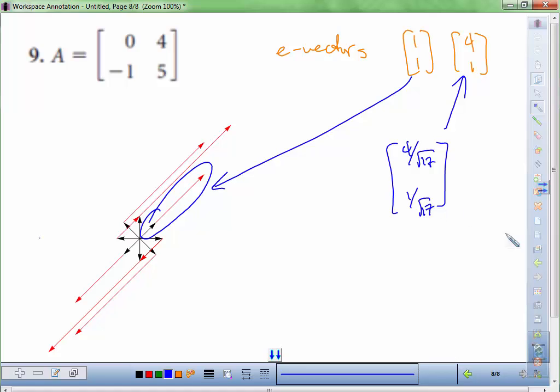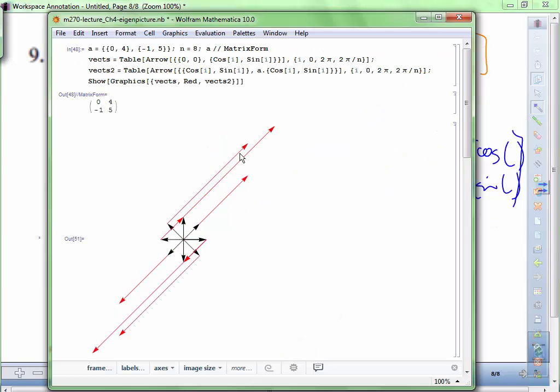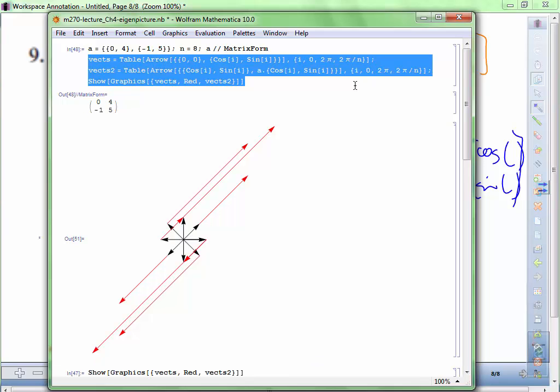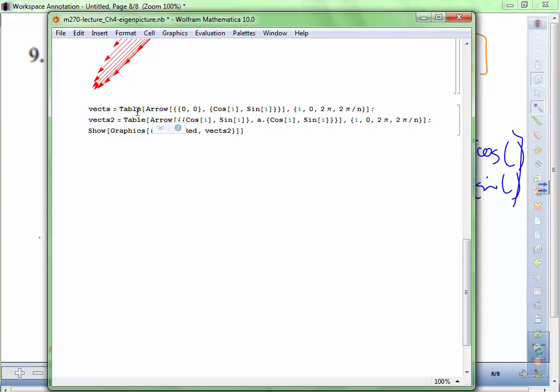I suppose I can just plug this in, right? Why don't I try that? Like if this was a cosine and sine. Well, you guys try to figure that out, and then I'm going to see if I can just do another different graph here of my vectors. Instead of making a table, arrows, why don't I just make a table of, what is it, 4, 1?